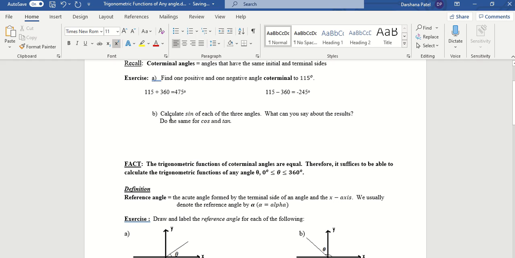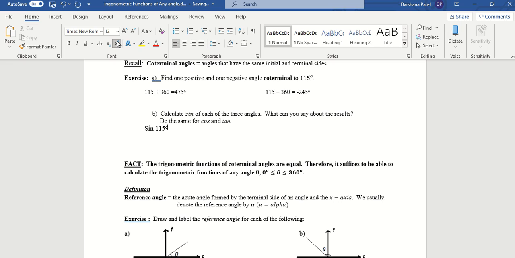Now for the second part, it says calculate sine of each of the three angles. So sine of 115 degrees, sine of 475 degrees, and sine of negative 245 degrees. Let's check what happens there. Let's calculate the value of sine 115 degrees.